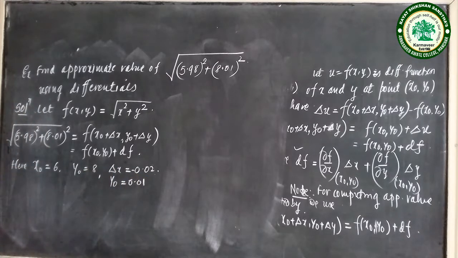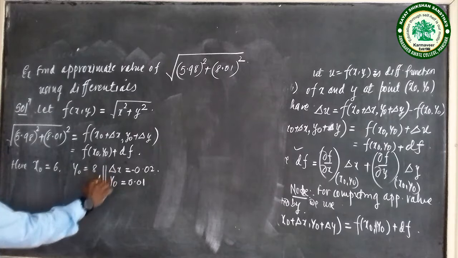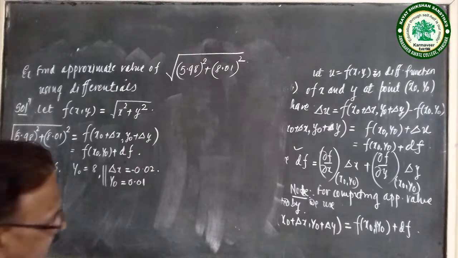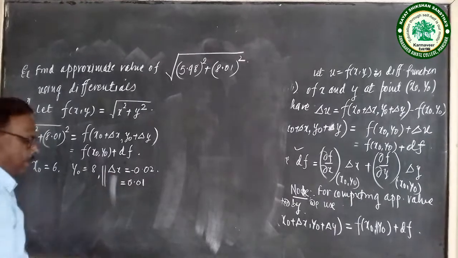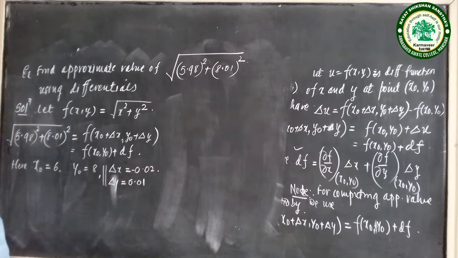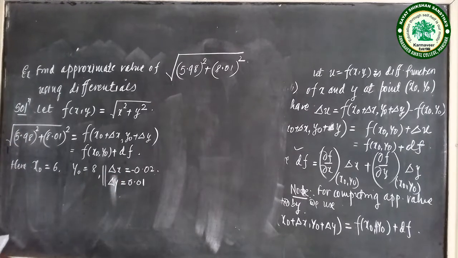Try to understand these two values are very important. You are assuming x₀ is 6, y₀ is 8, Δx is minus 0.02, and Δy is 0.01.